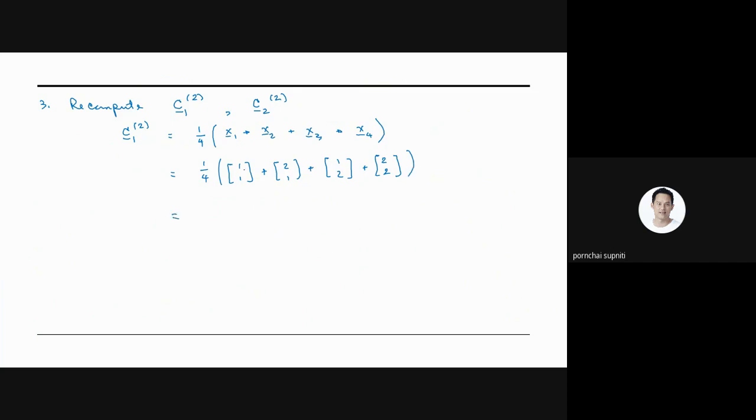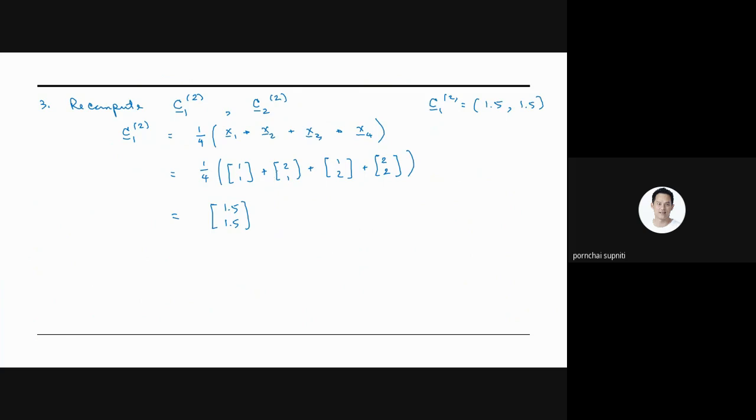So you can just sum them up: 1 plus 2, you get 3, becomes 6, 6 over 4, you get 1.5. And at the bottom, you also get 1 plus 1 plus 2 plus 2 over 4, you get 1.5, so 1.5 and 1.5. Notice that when I wrote on earlier pages, I wrote them like this. If I write it the same way, it's going to be like this, but both ways are equivalent in this case.